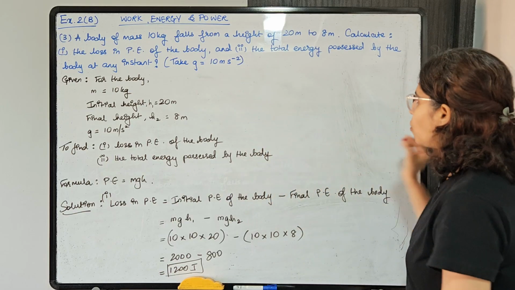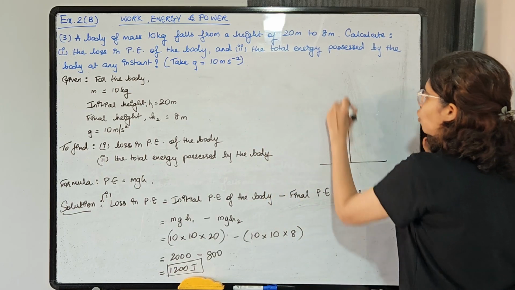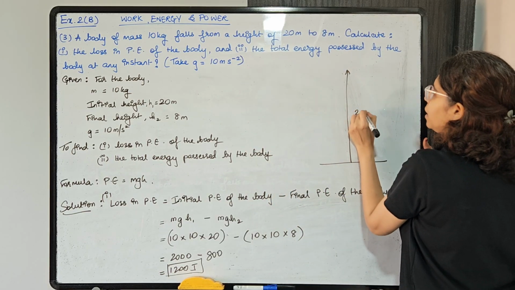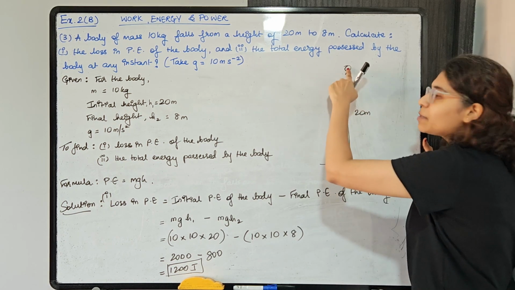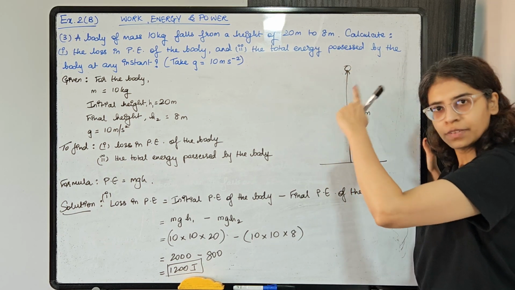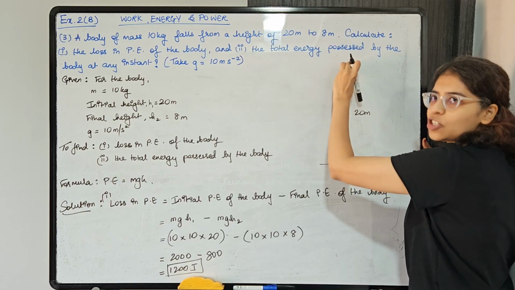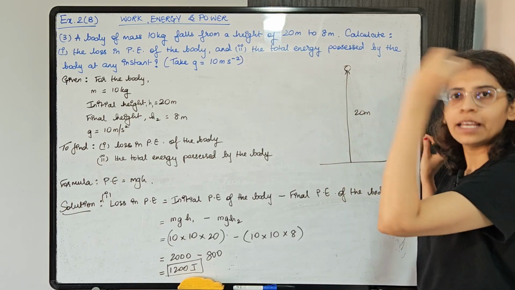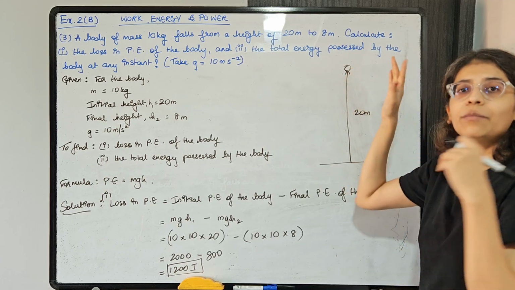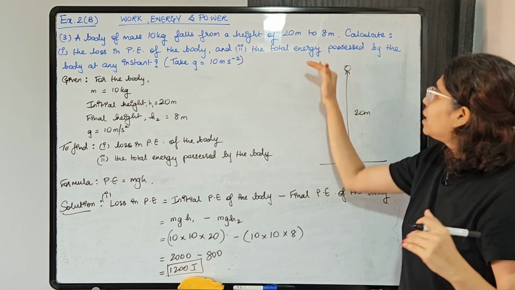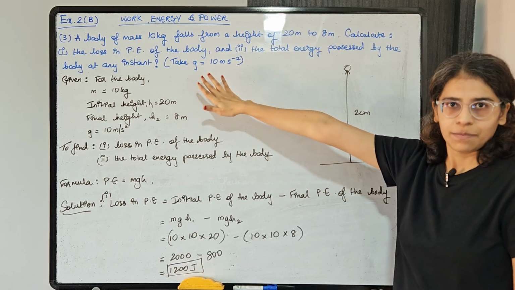So initially the body was at a height of 20 meter, and that is when the body had maximum potential energy. So entire energy was stored in the form of potential energy. Now this potential energy is nothing but the total energy that the body possessed.